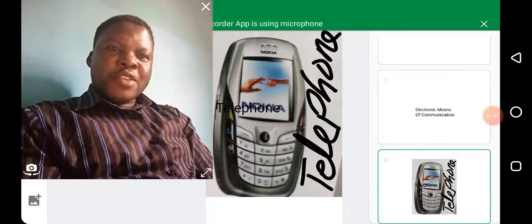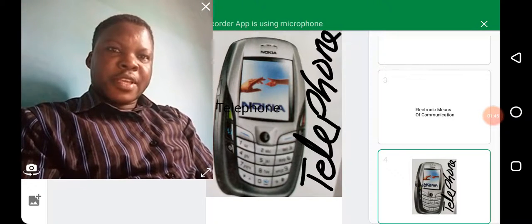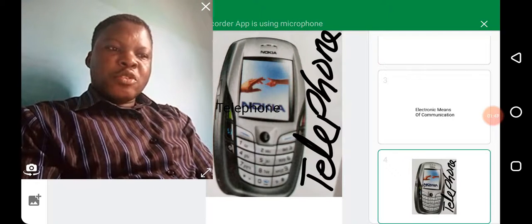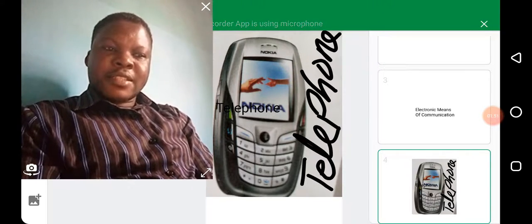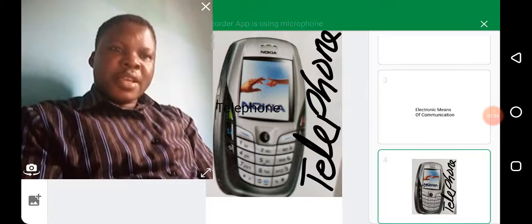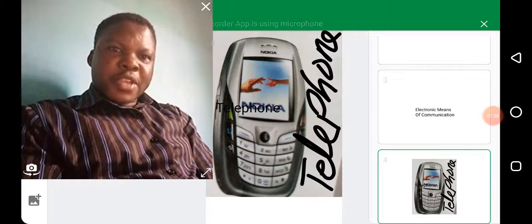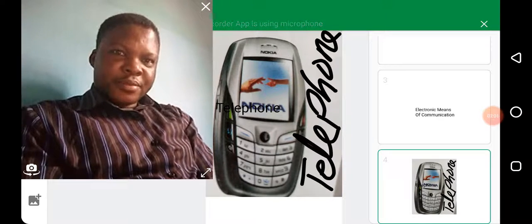Today, we no longer use long cables to connect phones before we can communicate. We now use wireless phones which make use of satellites in the airspace to communicate. And with this, it makes communication easier.